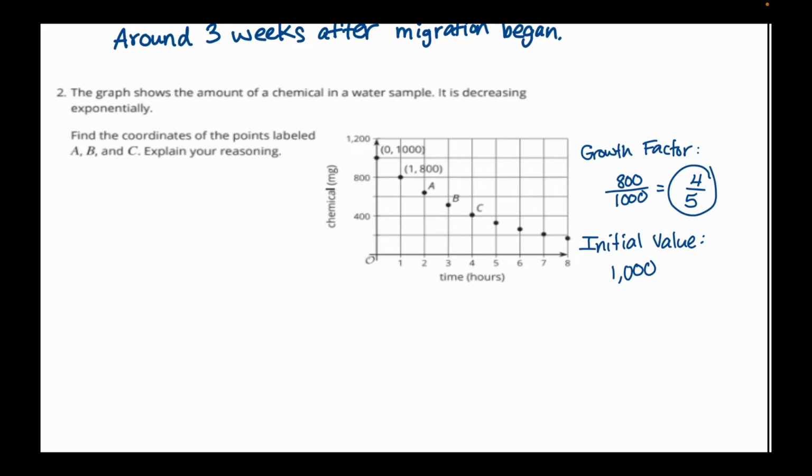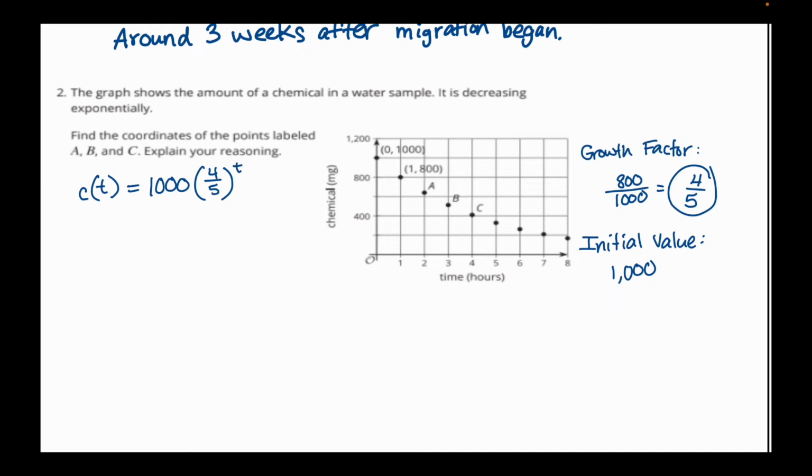We'll just say, chemical in the water, and we have time in hours. We'll say chemical over time, so C of T is going to equal the 1000 that we're starting with. It's going to decrease by 1/5, meaning we're multiplying by 4/5 every hour.